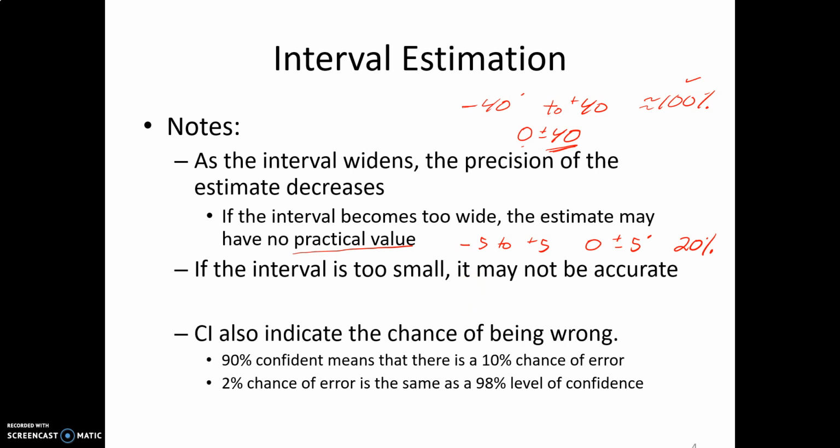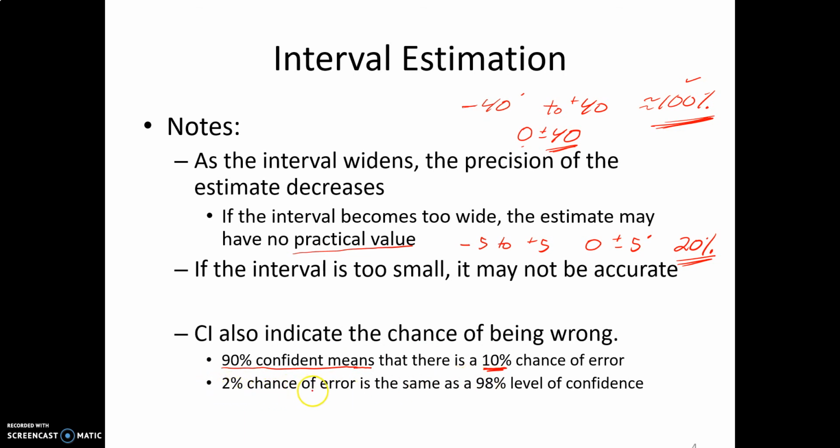Another note for the interval estimation is this confidence interval, generally cited as this: we are 90% confident. Like in this first example with the temperature, I was 100% confident. In the second example, I'm only stating 20% confident in my answer. Generally, a 90% confidence level indicates how strongly you believe you are correct based on your sampling data. A 90% confidence interval also means that there's a 10% chance of error.